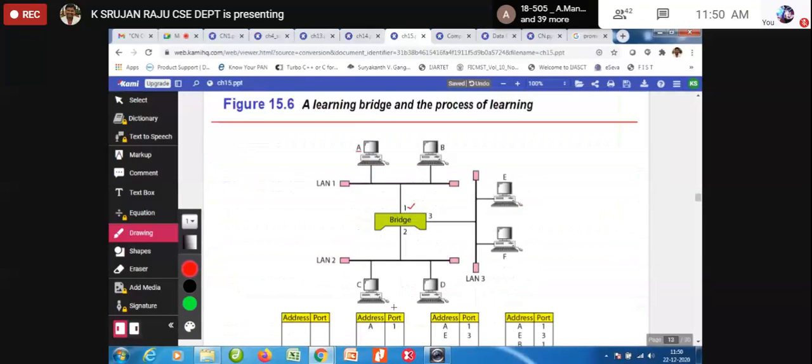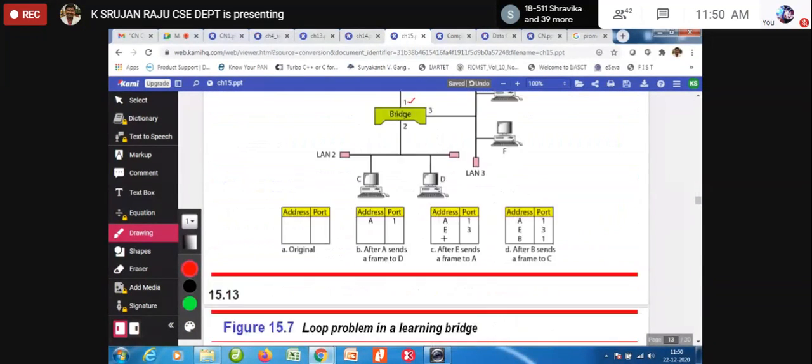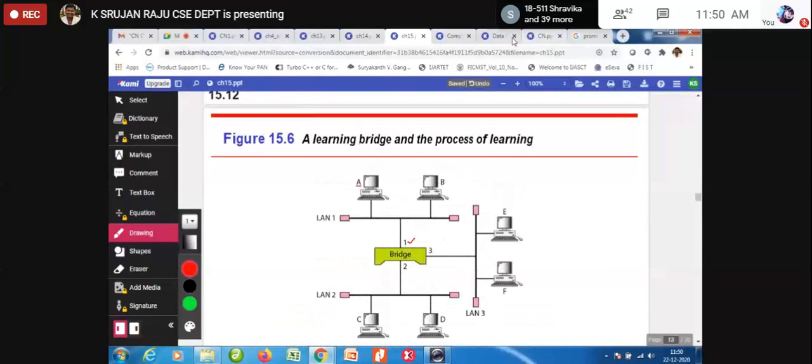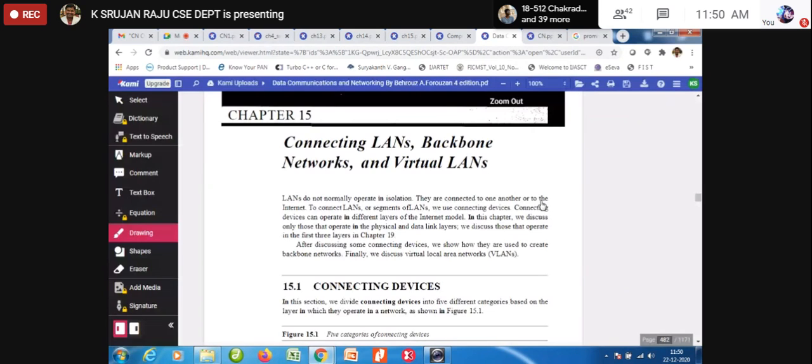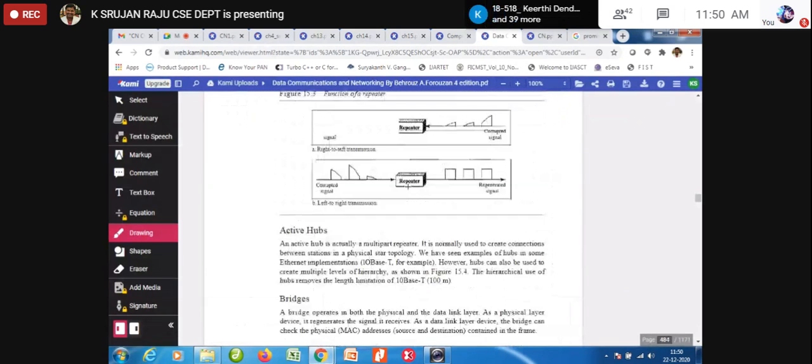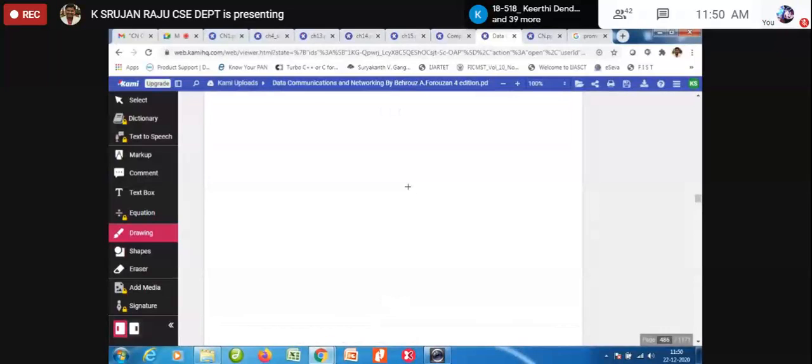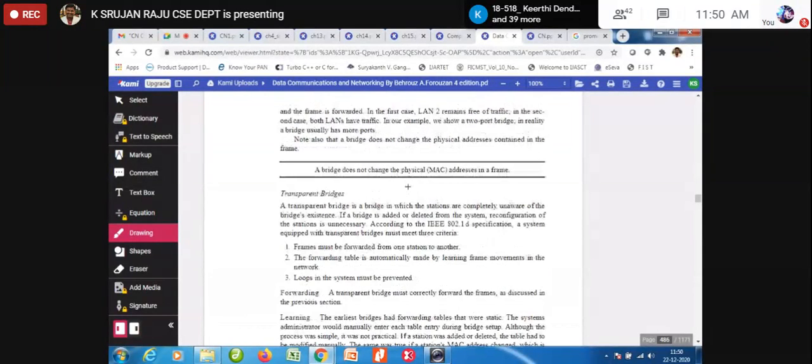So let us consider the 15.6 diagram and what they are talking about. Here, in 15.6, what we are going to discuss is transparent bridges.